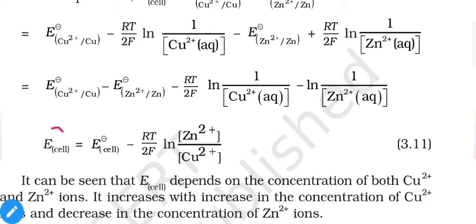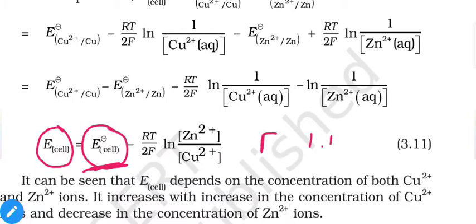This represents non-standard condition, and this represents standard condition, when all the values are in unity. If all the concentrations are used in unity, then it will be standard condition, which gives us the standard cell potential. We are talking about the copper zinc cell, which has 1.1 volt of standard cell potential. So put the 1.1 volt value here, then put the value of R, 8.314, and the temperature, which will be mentioned in the numerical.